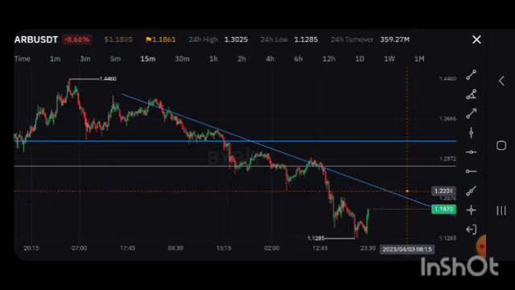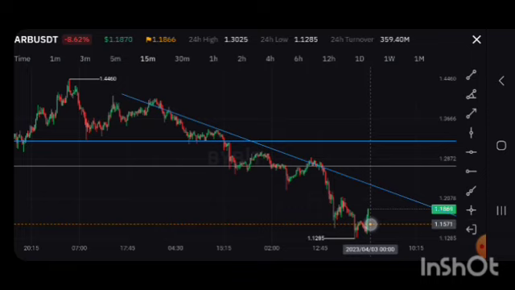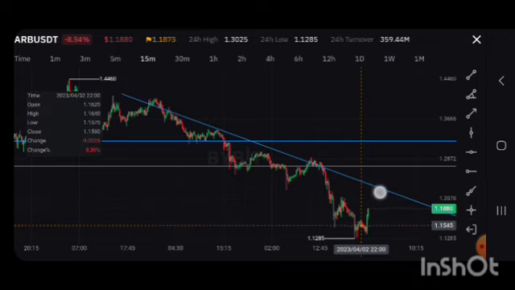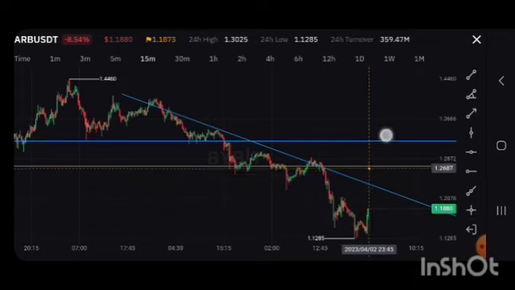So for now I cannot take any trade until the price hits this particular trend line. When it hits this trend line, it begins to react, then I will short. However, if it reaches the trend line, breaks it and tries to move above, then it could mean a change in the market direction.